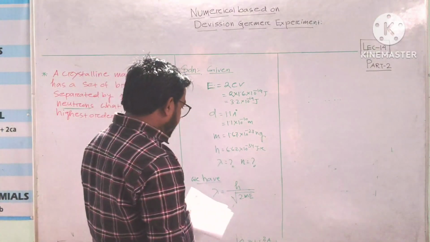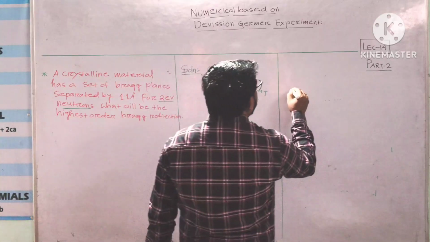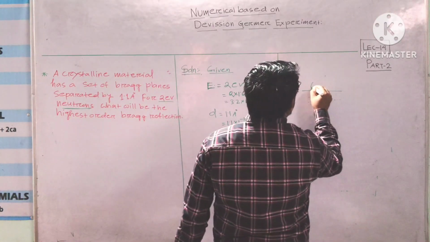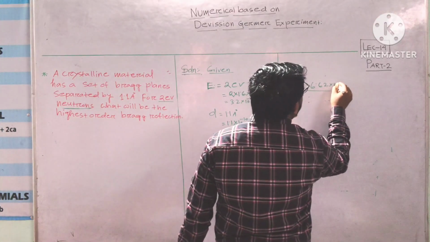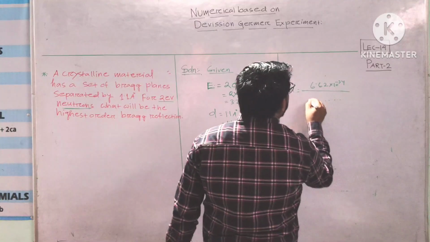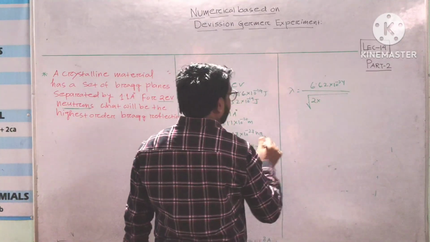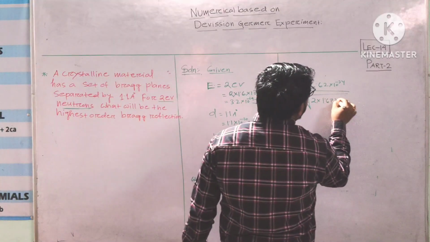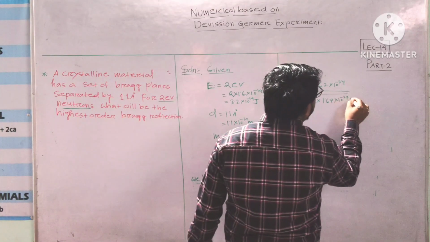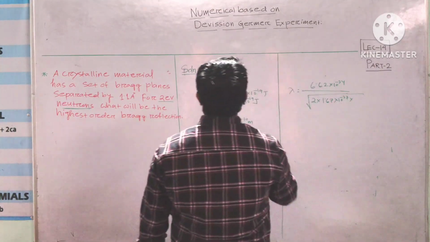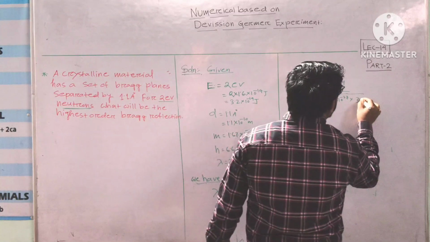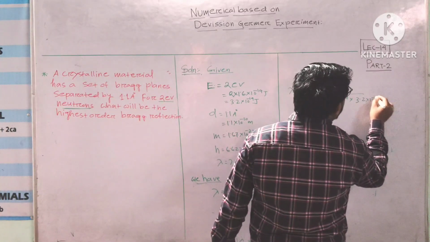Now put all the values in this equation. Lambda equal the value of h, 6.62 into 10 to the power minus 34, and under root of 2 into m, the value of m equal 1.67 into 10 to the minus 27, and energy is equal to 3.2 into 10 to the minus 19 joule.